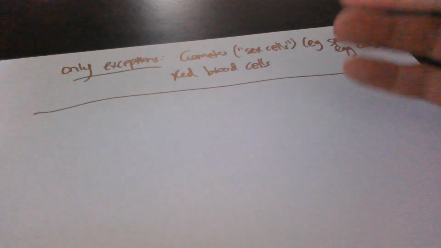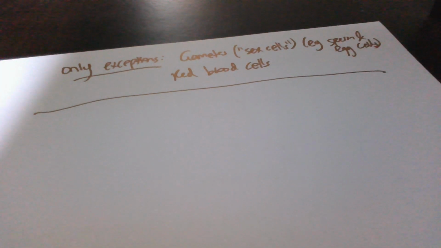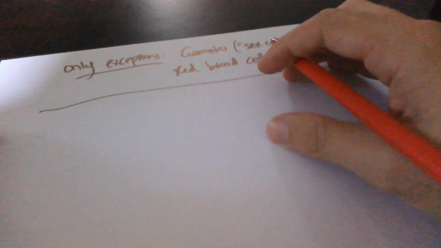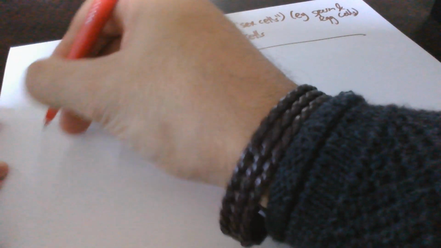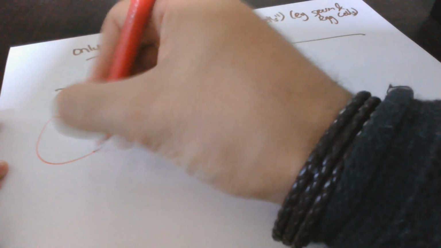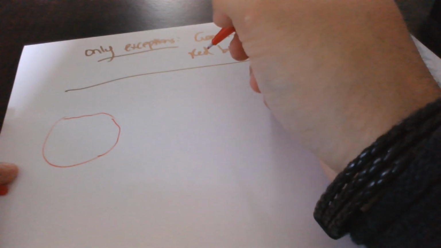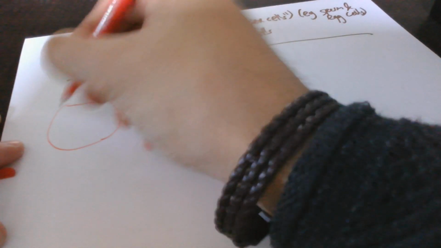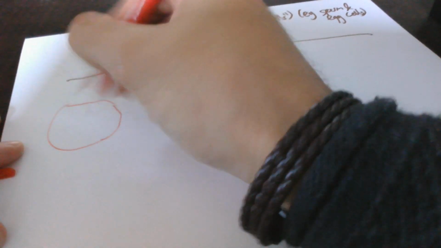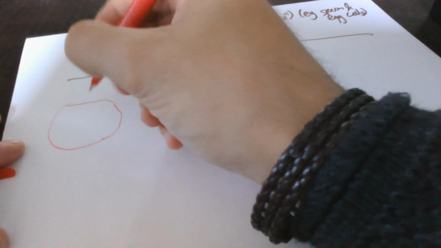Let me draw a picture, basically a summary of genes, chromosomes, and DNA, just to break it down for you if you're still struggling to conceptually understand what's going on. Remember what cells look like? They're basically blobs, a big blob. Cells have a nucleus and a wall on the border.